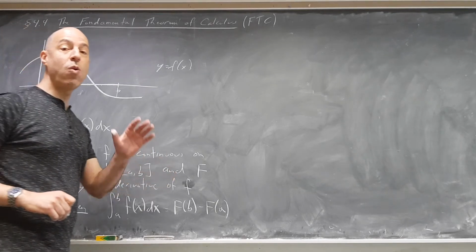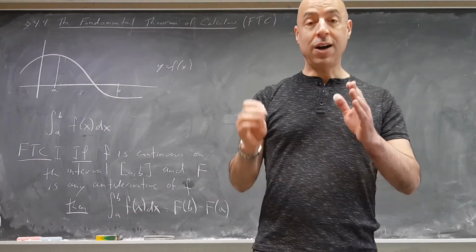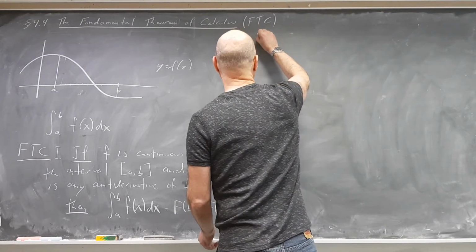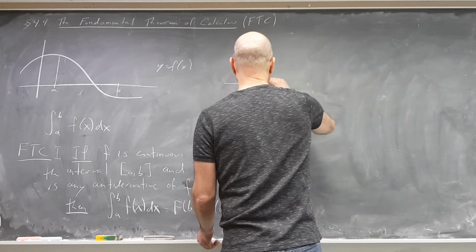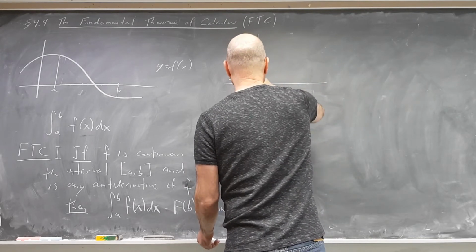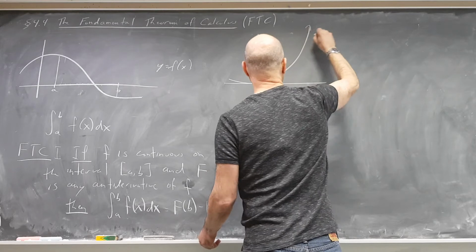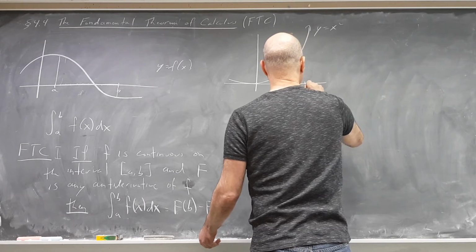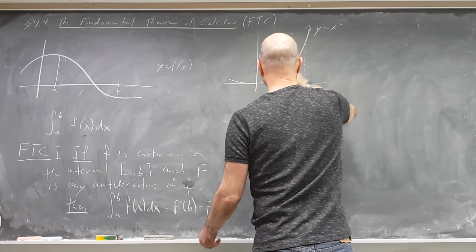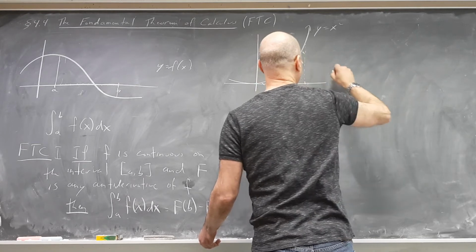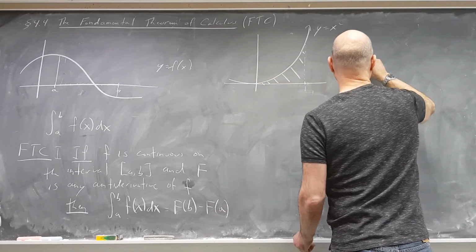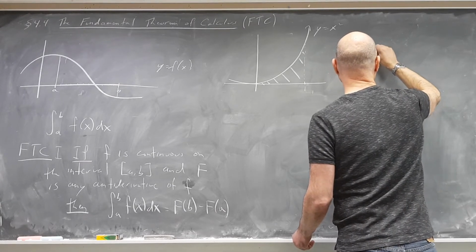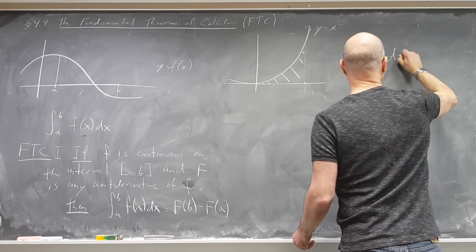Let's go back to that problem we worked so hard on. Find the area under y equals x squared between x equals 0 and x equals 1. So we have this parabola. We're going between x equals 0 and x equals 1, and we want the area under the curve between x equals 0 and x equals 1 of y equals x squared.